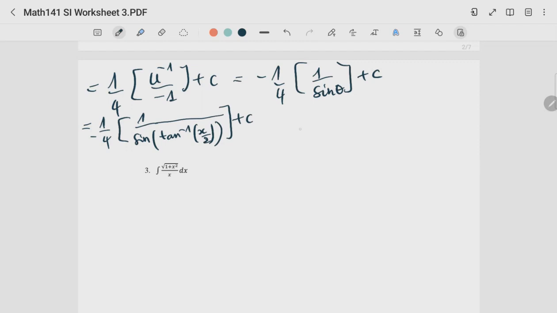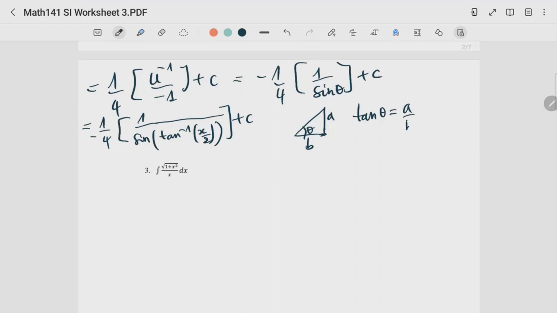Now we know from our trigonometric expressions that if theta is the angle here, and this side is A, that side is B, we know that tan of theta is opposite side over adjacent, right?